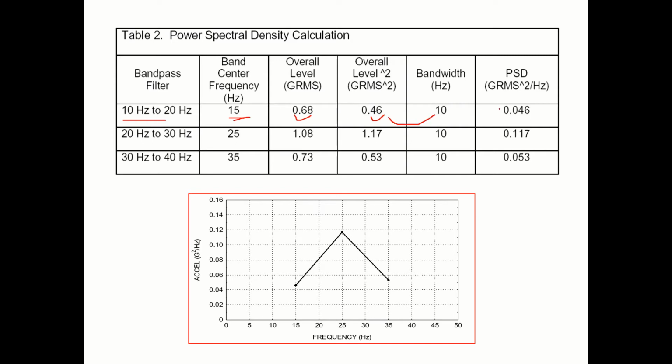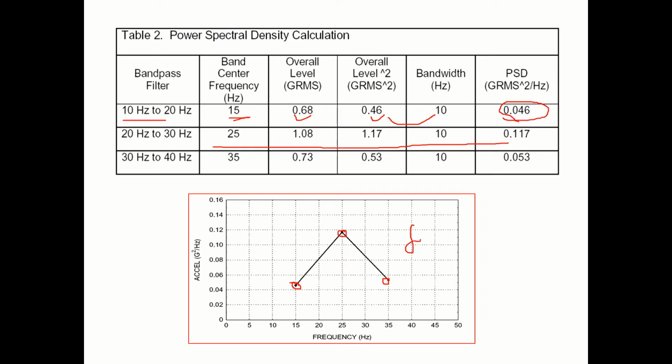This divided by bandwidth will give you the power spectral density. Next, for this range I will do the same thing. Now I got 1.15 at 25 and this at 35. This is power spectral density versus frequency.